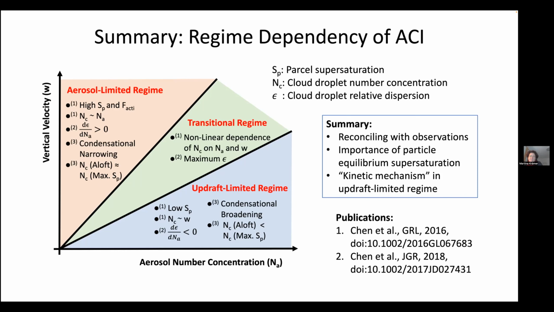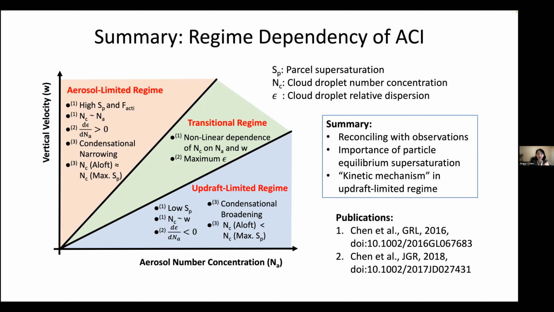So if the updraft is low, then the cloud drop number depends more on the updraft velocity.